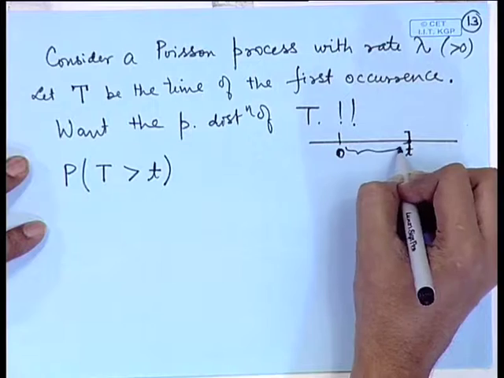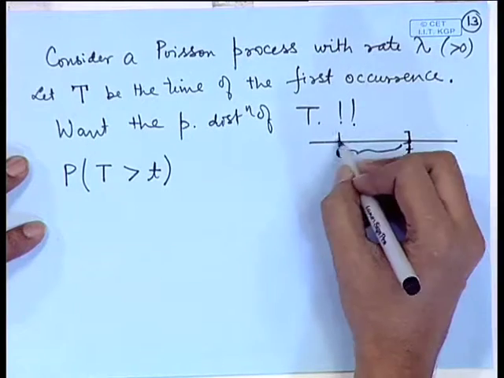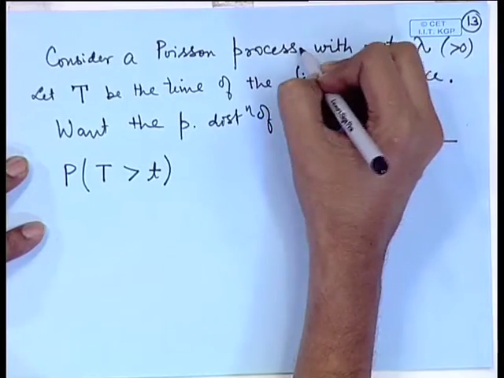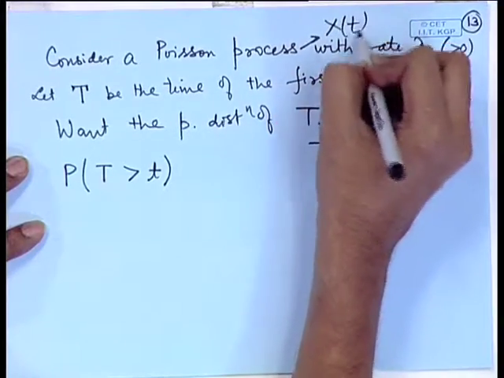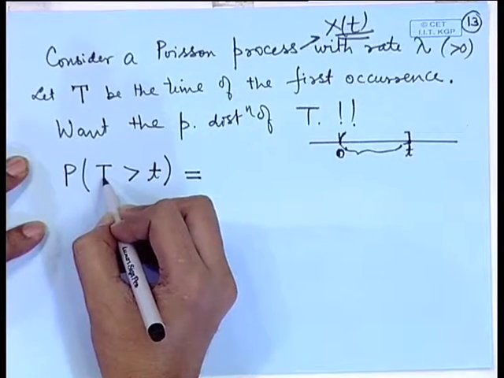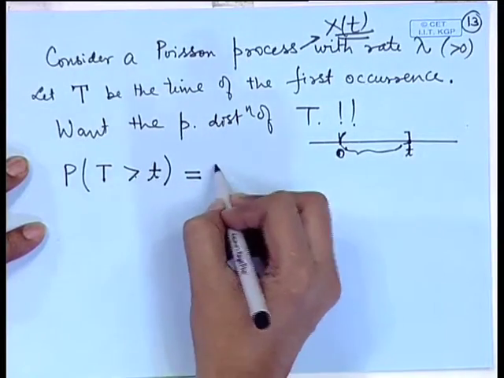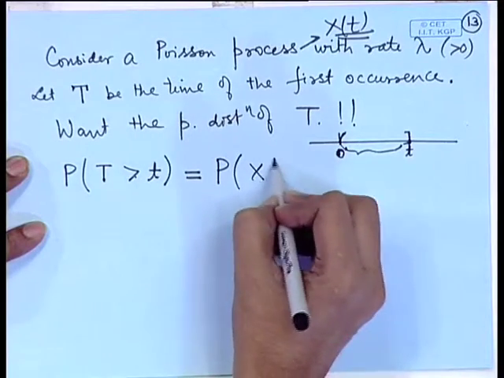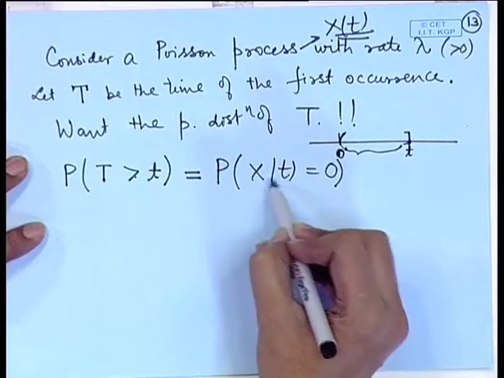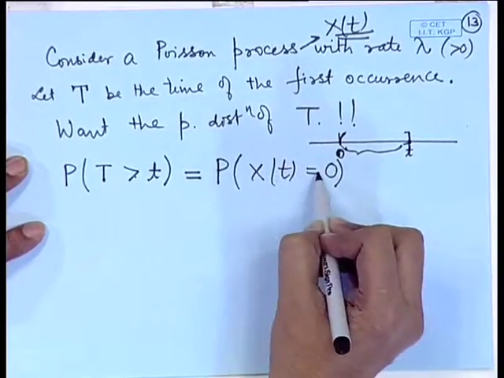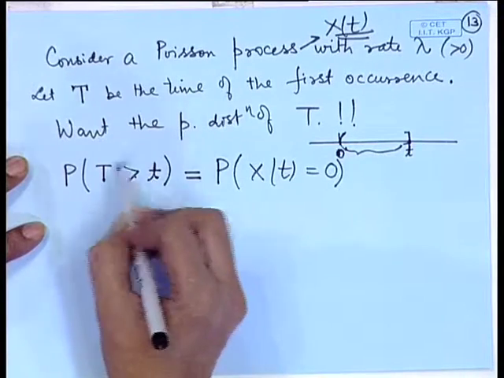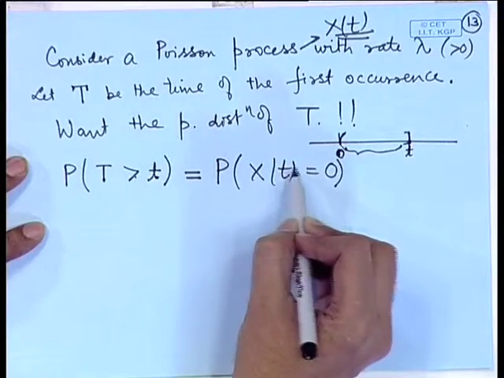That means, in the interval 0 to t, the number of occurrences is 0. So, if we are considering this Poisson process as X_t, then the event capital T greater than small t is equivalent to the event that X_t is equal to 0. Because if there is no occurrence in the interval 0 to t, then capital T is definitely going to be greater than small t and vice versa. So, these two events are the same.